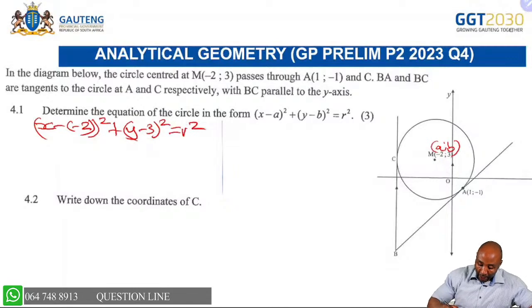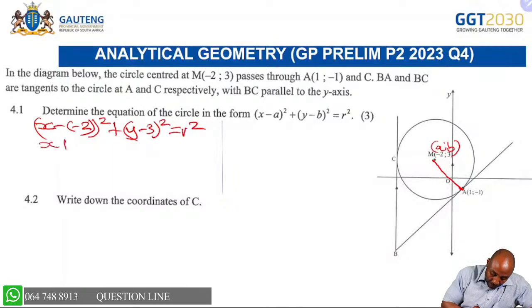Now, if you check, A is on the circumference of the circle, M is the center, so I know that line MA is a radius. So I can simply get my radius by substituting the coordinates of point A. I will have my equation as x plus 2 squared plus y minus 3 squared is equal to r squared.